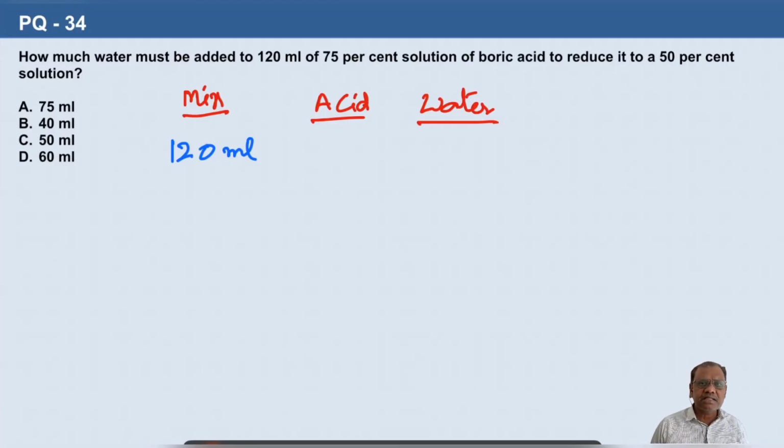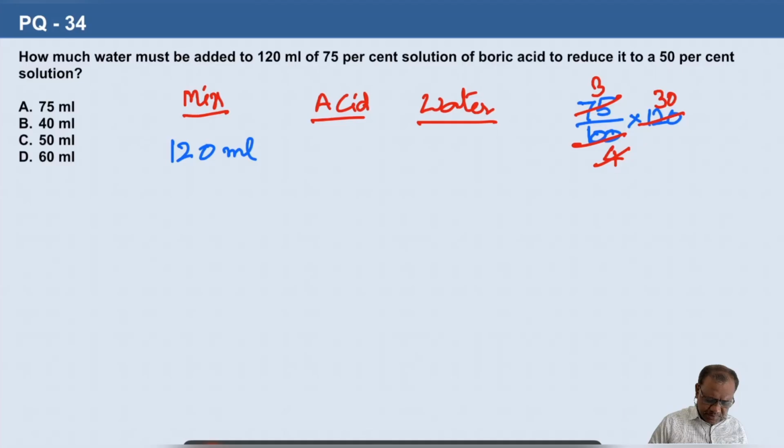Acid is 75% of 120 ml. So 25 threes, 25 fours, and 4 thirties. So what is remaining? 90.